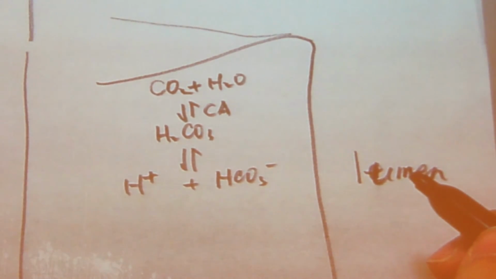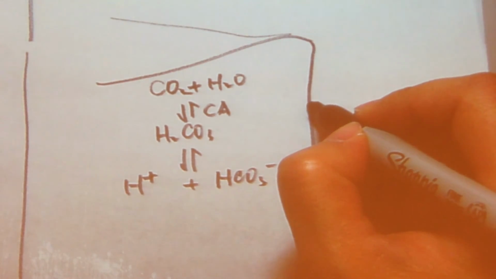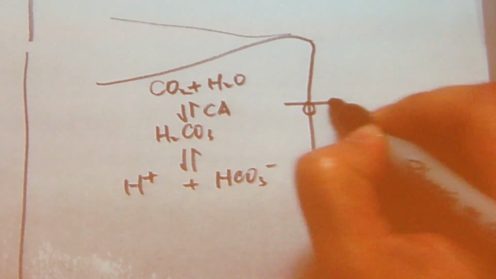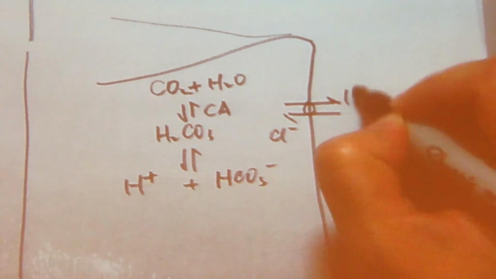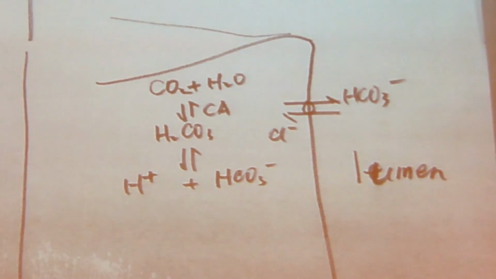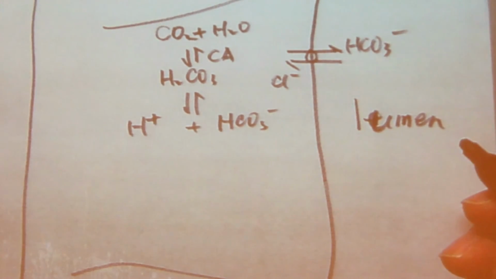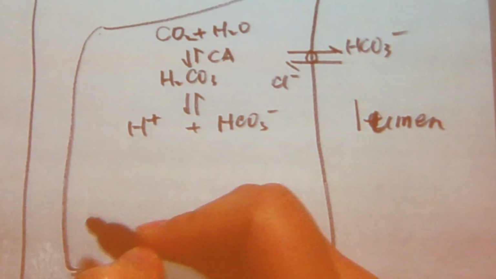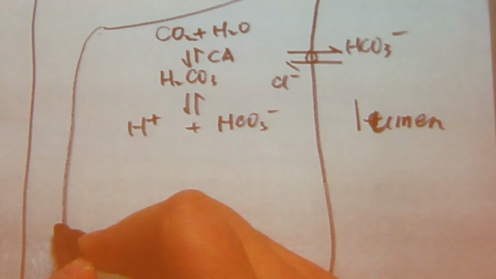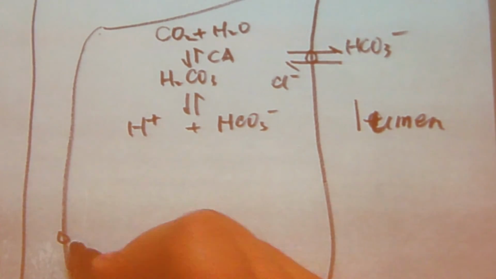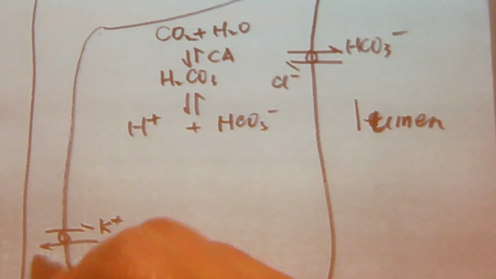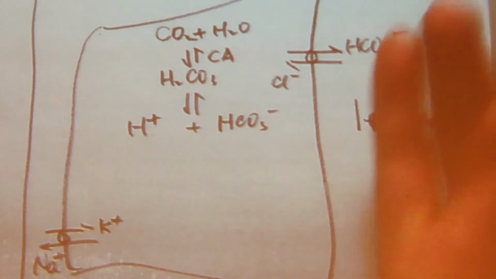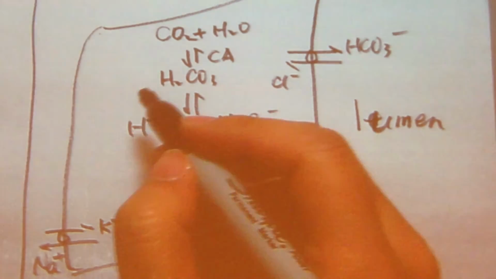Okay. So what kind of transporters are we going to see here? We're going to see the bicarb and chloride exchange. And from the basolateral side, first we're going to see the sodium potassium ATPase, just maintaining the cell concentration gradient.